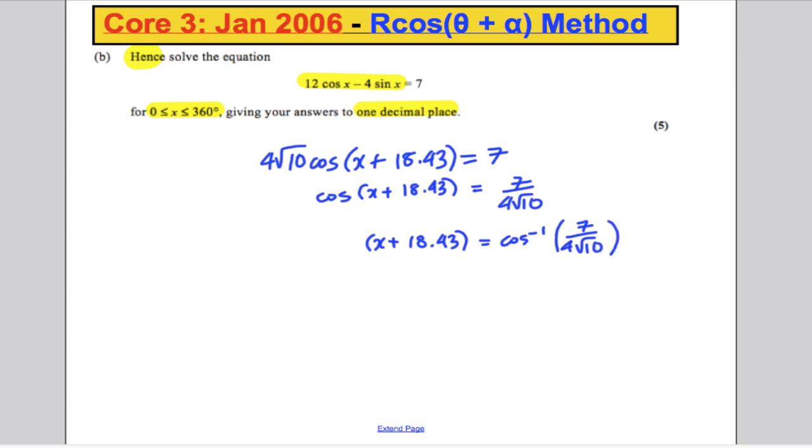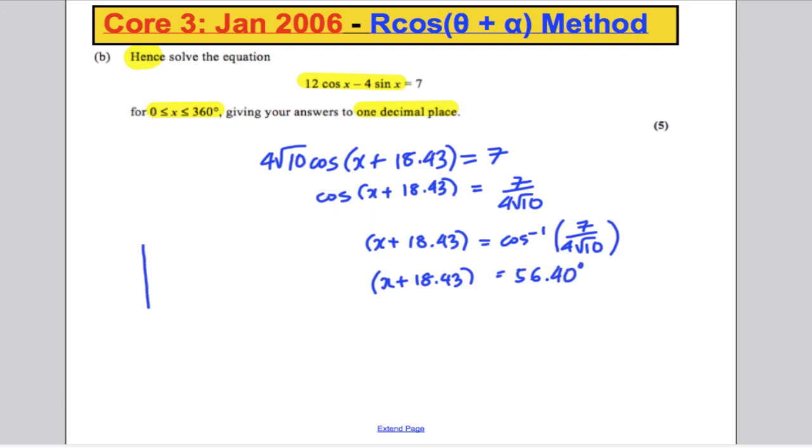Type that in the calculator in degrees mode, and I get myself the answer 56.4. So x plus 18.43 is equal to 56.4 degrees.